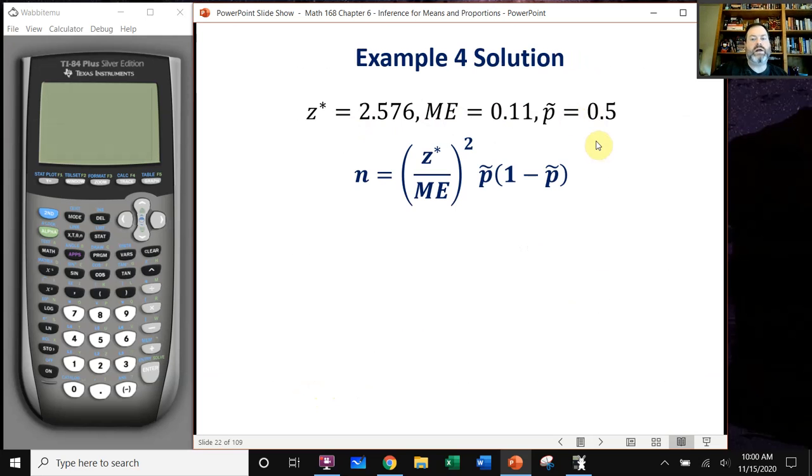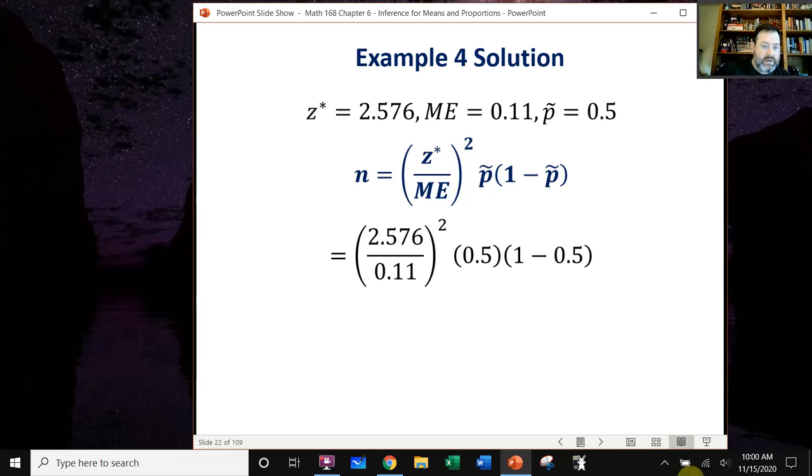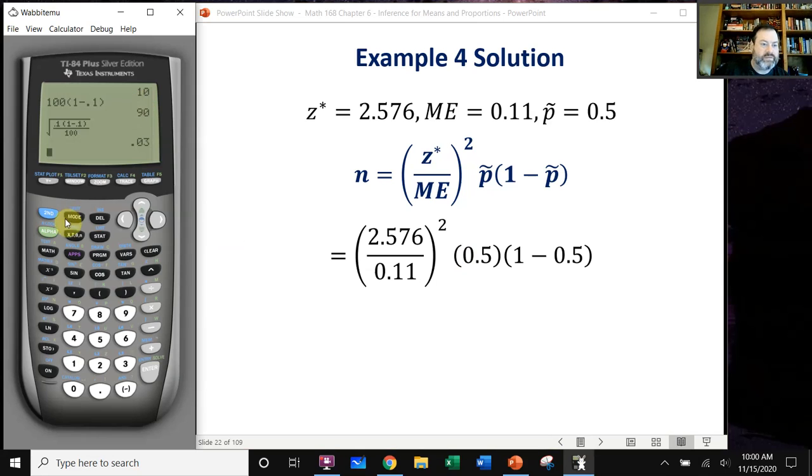Put everything in the formula like that and crunch it. Type that in exactly the way it looks. Hold on, my calculator's not working correctly. There we go. That was really strange.